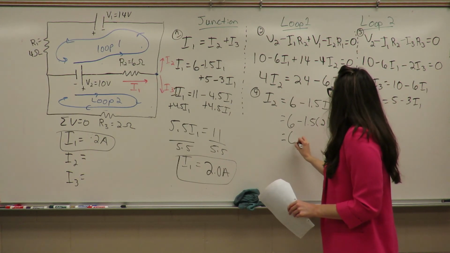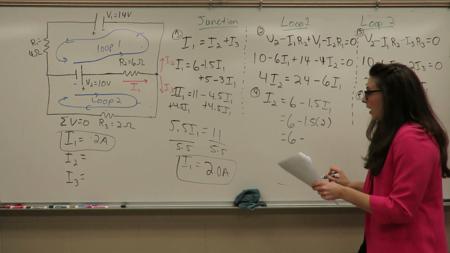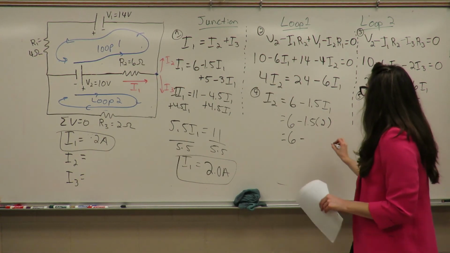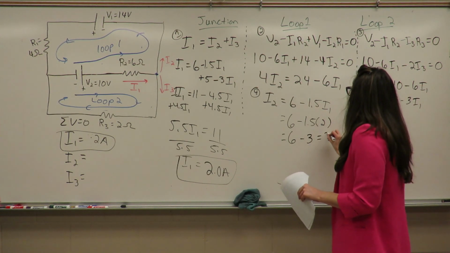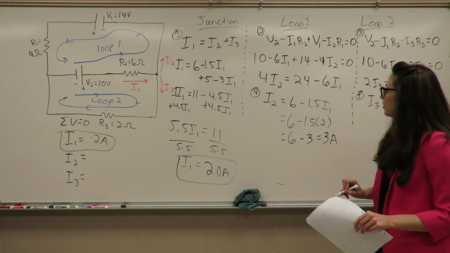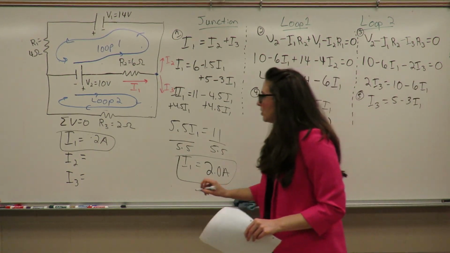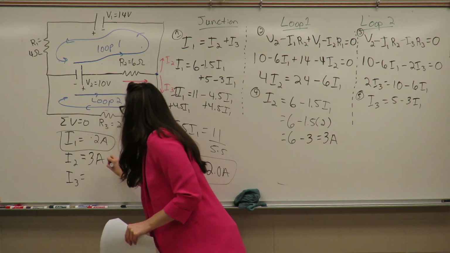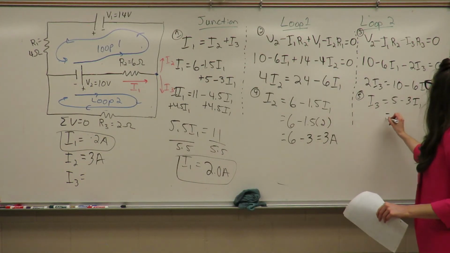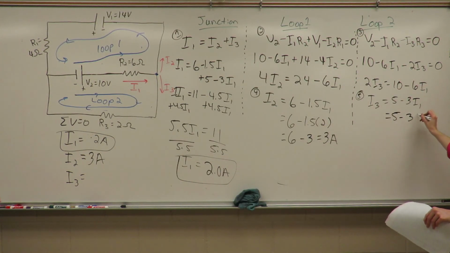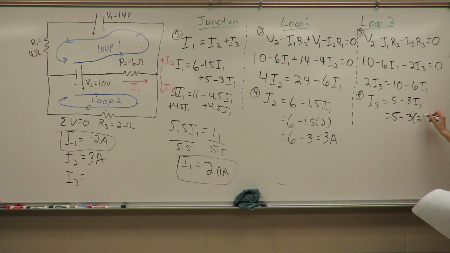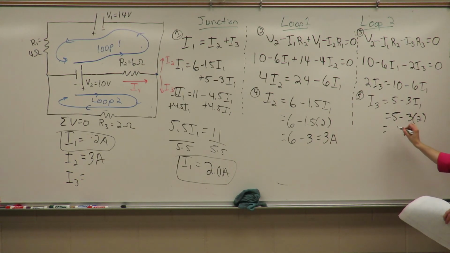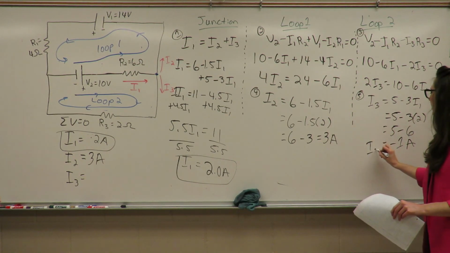So that's equal to 6 minus 3. And so that equals 3 amperes for I2. Okay? I2 is 3 amperes. And then I3. I3 is equal to 5 minus 3 times 2. Okay. So we've got 5 minus 6. I3 is equal to minus 1 ampere.